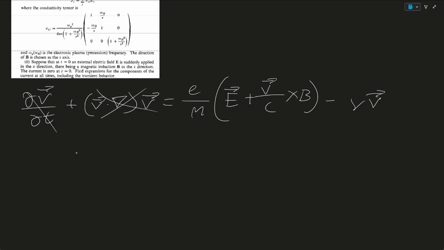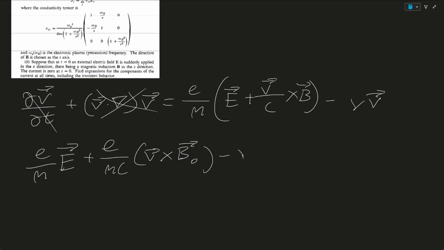So it becomes a balance of the Lorentz force and then the collision drag. So we get that e over m E plus e over mc v cross B naught, minus nu v.